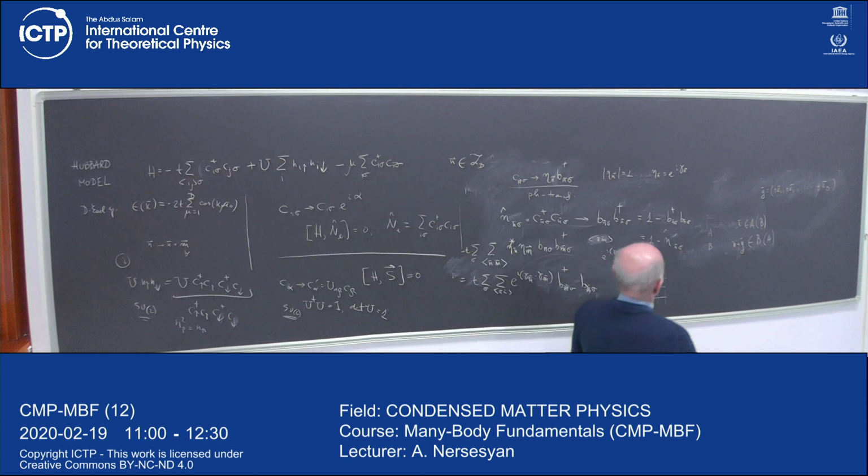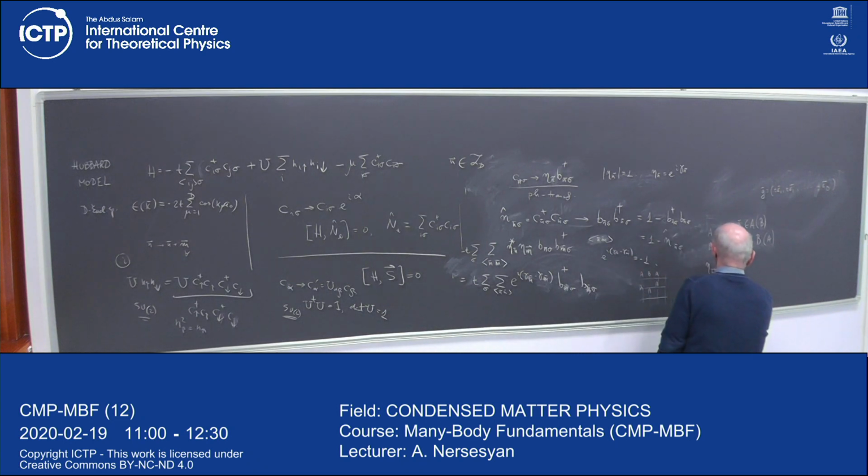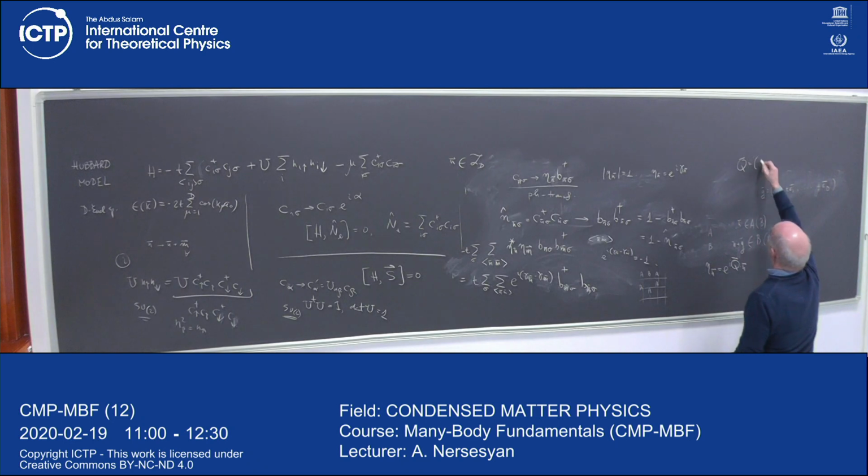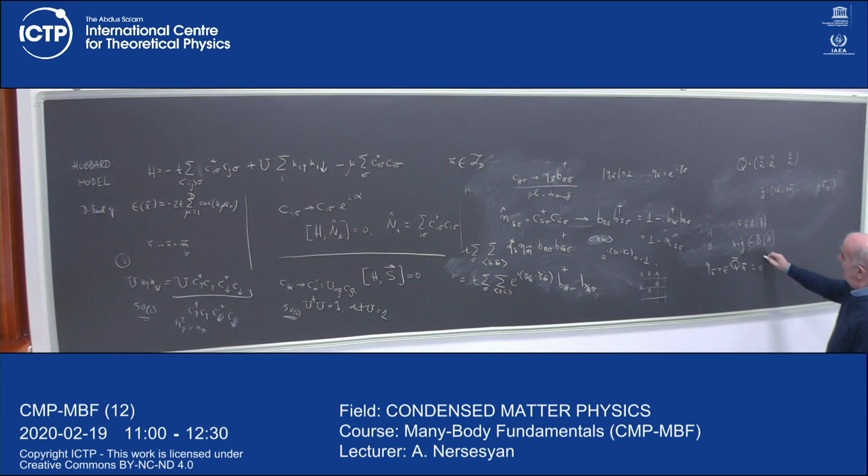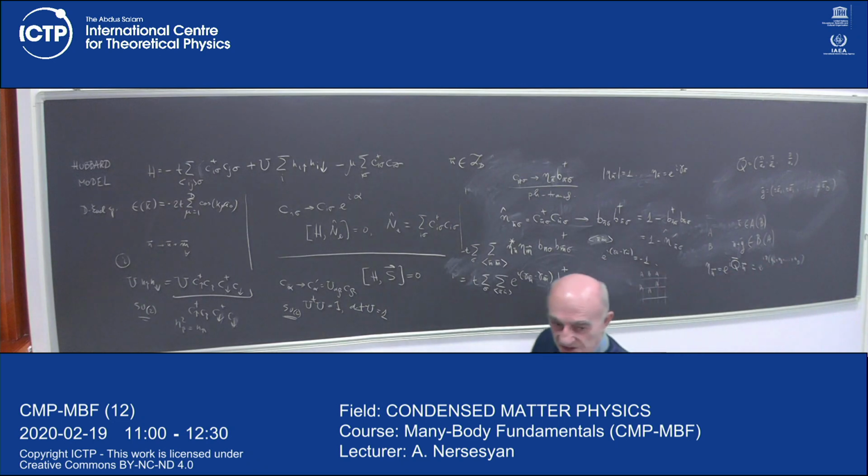Then, what you need to do is to make a statement: exponent i Q times n, when Q is pi over a0, pi over a0, pi over a0, which is exponent i pi times n1 plus n2, and so forth. What does this exponent tell you? It tells you just precisely what I said.